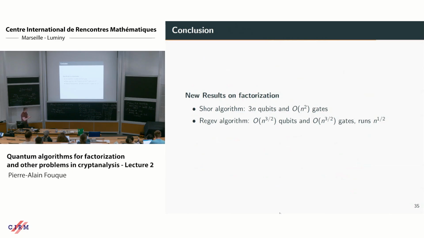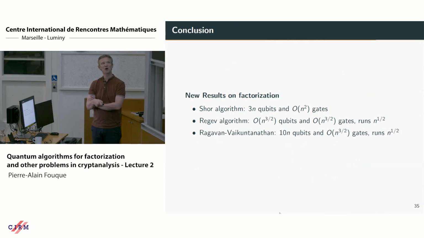One year later, in 2024, Raghavan and Vaikuntanathan show that you can improve the number of qubits, not exactly as short as for Shor algorithm, but more than 3 times larger. The number of gates is about the same. The constant is a little bit larger, but not too much: here the constant is 3, I think, while here it's 50.